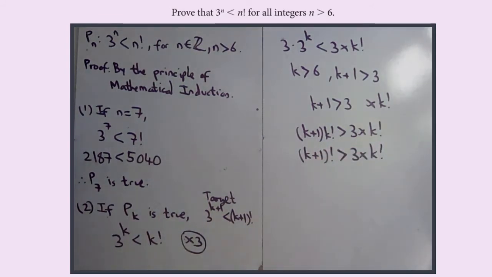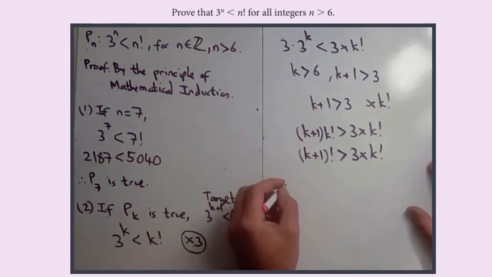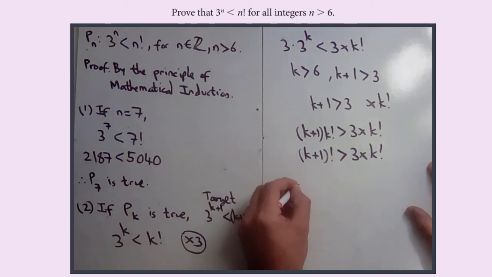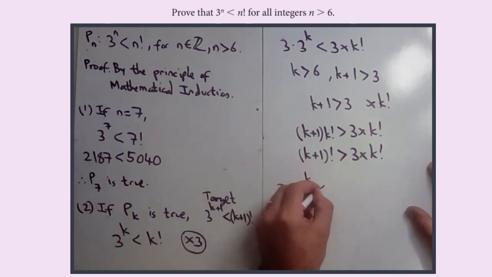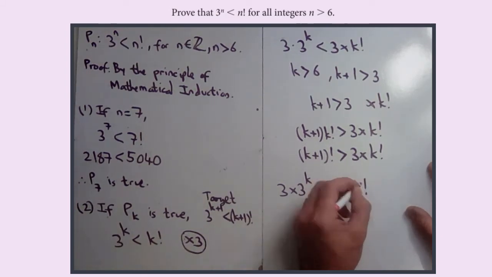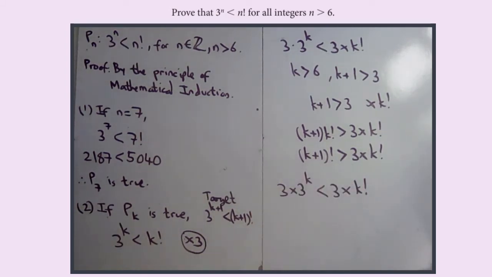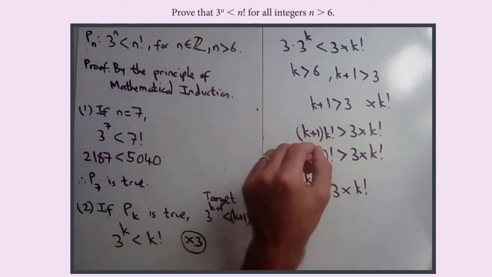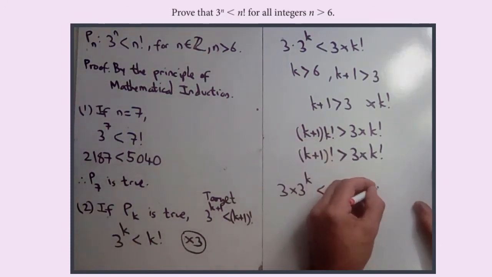This is interesting. So if we go back to our inequality we've got here, we know that 3 times 3 to the k is less than 3 times k factorial. But 3 times k factorial is less than k plus 1 factorial.